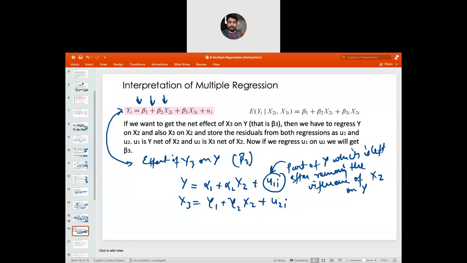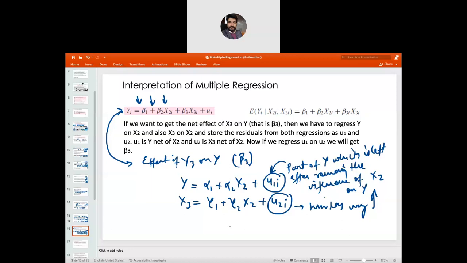Right? What is this? You can interpret it in a similar way as above. You can say that u2i is that part of x3 which is left after removing the influence of x2 on x3. So now we have y free of x2 and x3 free of x2, and x2 is gone.